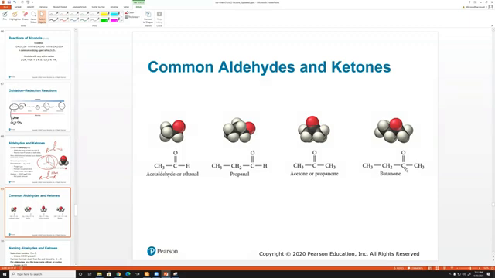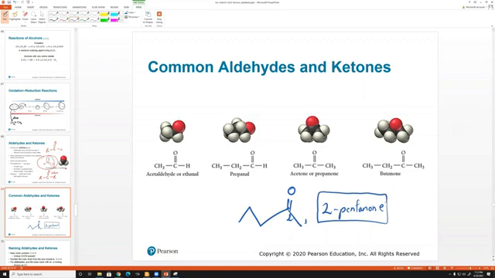There's only one butanone because this C double bond O could go between either bond. But when you have more carbons, let's say 1, 2, 3, 4, 5, we can put the ketone there, and that would be called 2-pentanone because it's a ketone.